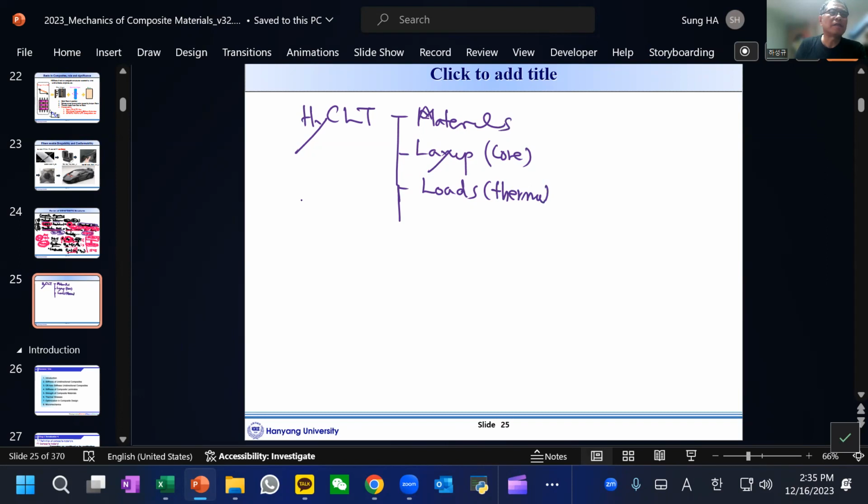So this is a given, and then you can get the stresses or deformations. Deformation means in-plane strain and curvature.